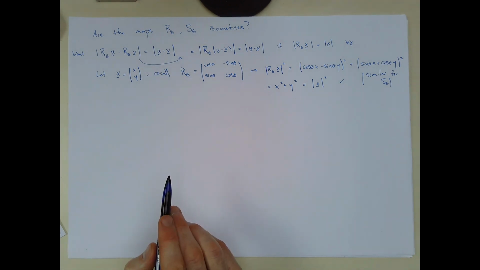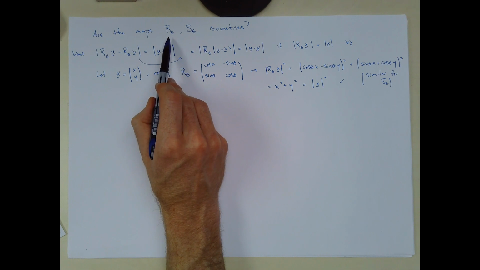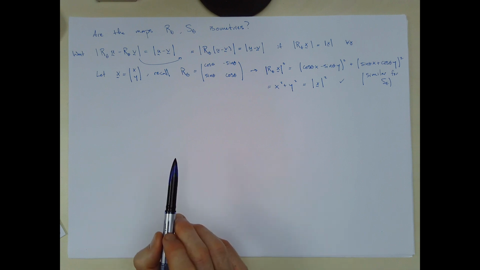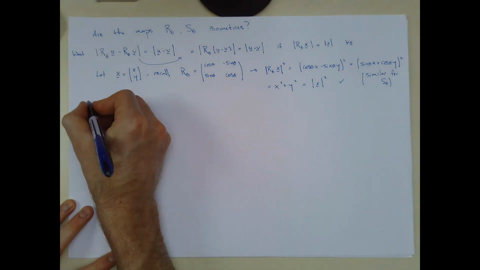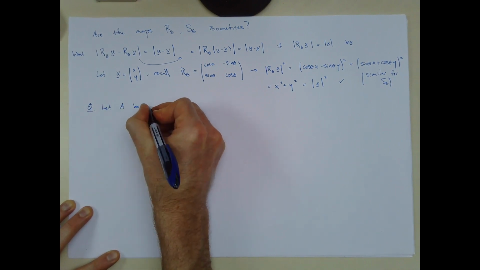The question we might ask is, so these are particular maps that could be represented by multiplication by a matrix. What other maps, multiplication by a matrix, can be isometries? So let's ask the question. Let A be an n by n matrix.